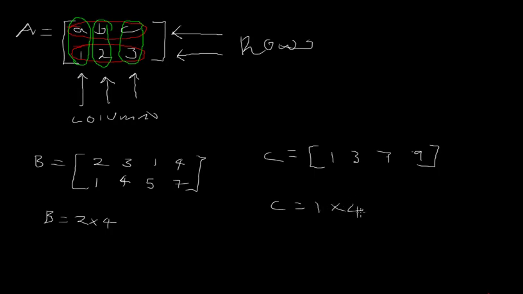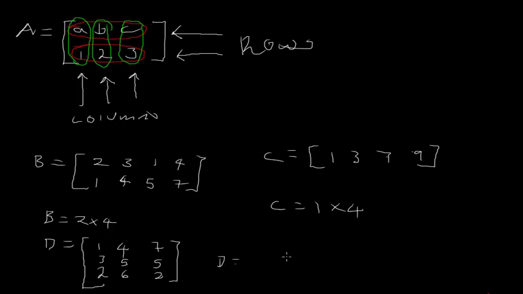Okay? If we had, let's say, matrix D, which is composed of 1, 3, 2, 4, 5, 6, 7, 5, 2. What is the order of matrix D?